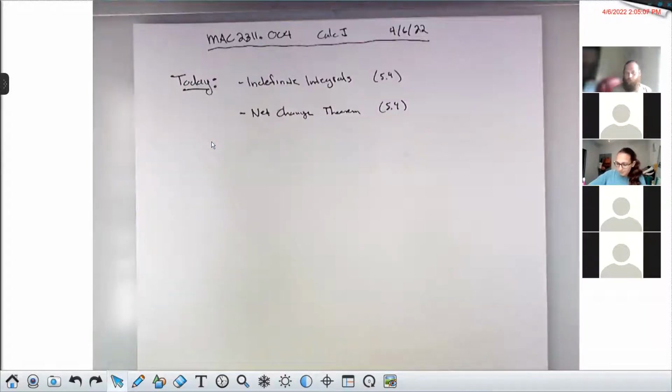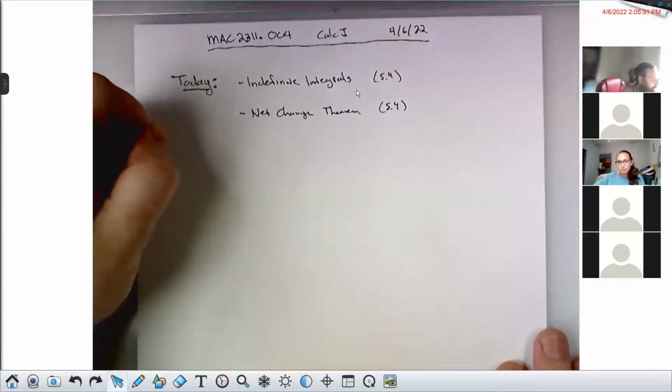I could not possibly explain why the author chose to put these two things in the same section, beyond saying maybe having a whole section dedicated to indefinite integrals just felt like it was too short. So they said, let's cram this other stuff in there. No harm, no foul. An indefinite integral is, well, let's introduce the notation.